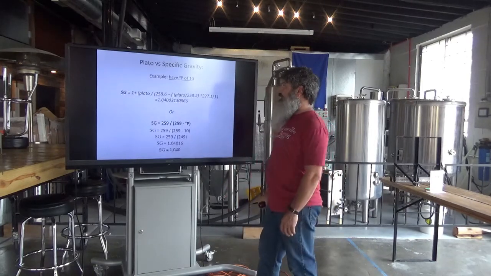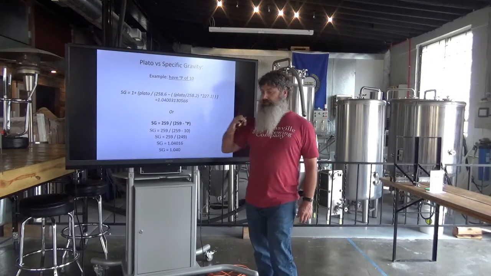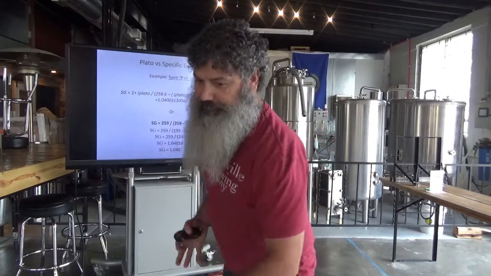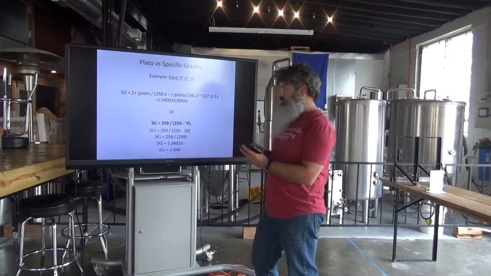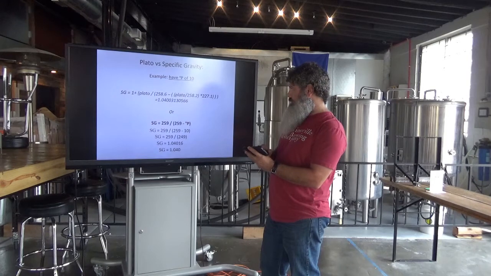So how do we get that? Okay, let's start backwards. So we have our Plato. Say we have a Plato of 10. We can take our scientific calculator here, and we can say, okay, 1 plus open parentheses, a Plato of 10 divided by open parentheses 258.6 minus open parentheses, Plato of 10 divided by 258.2 close parentheses.